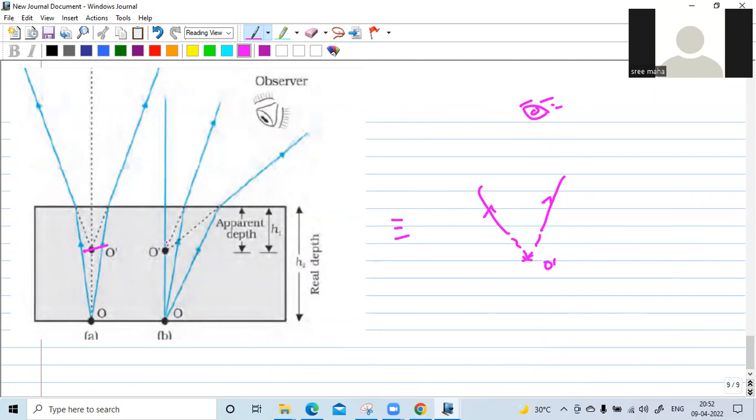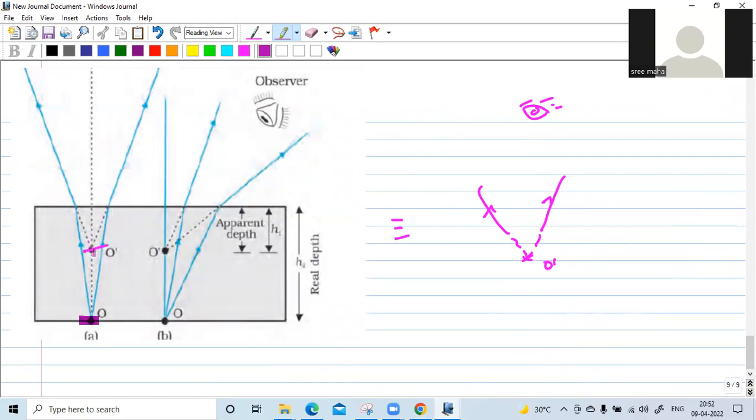Getting the idea? Is the object in air or in the green color, sir? No, in the first case, the object is in water, here. So when it's in water, the light goes here, bends and comes out, right?